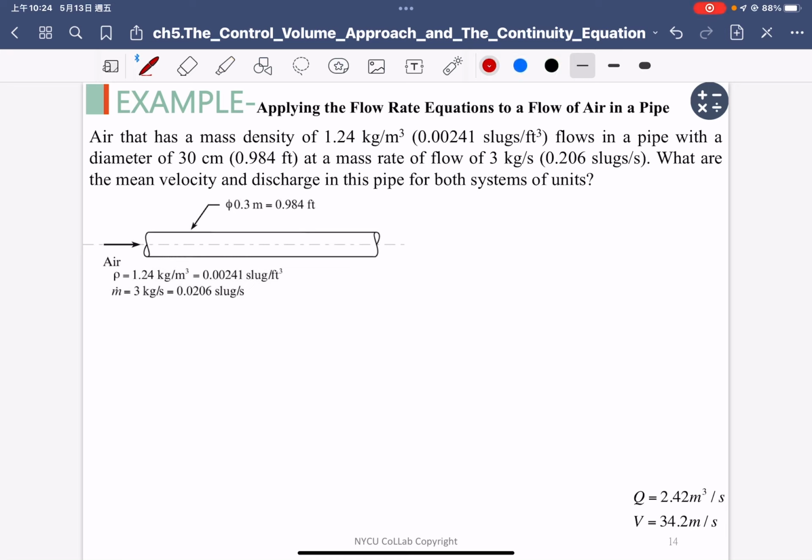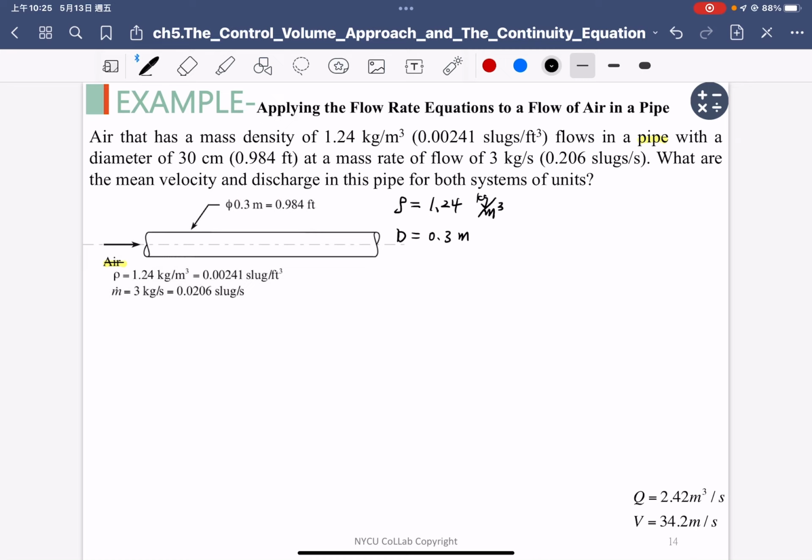Okay, so in the first one, we already know the density. The material is air, and the density is 1.24 kilograms per meter cubed, flowing in the pipe. So the medium is a pipe, this is pipe flow, and the diameter is 30 centimeters, so it is equal to 0.3 meters.